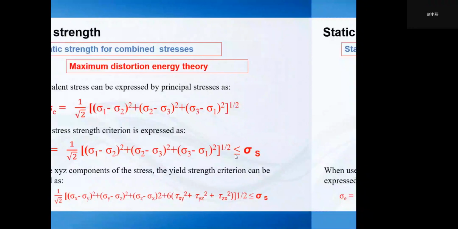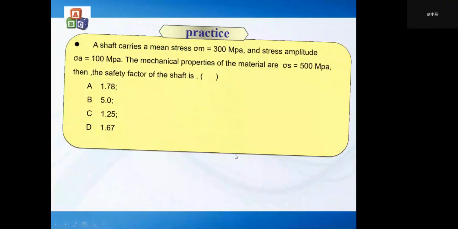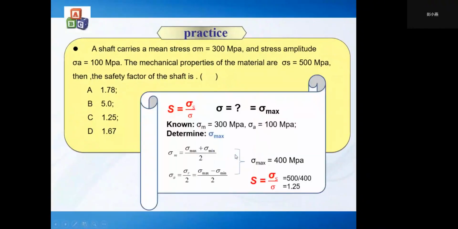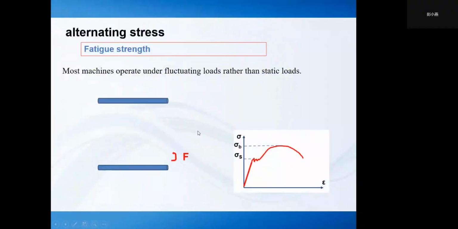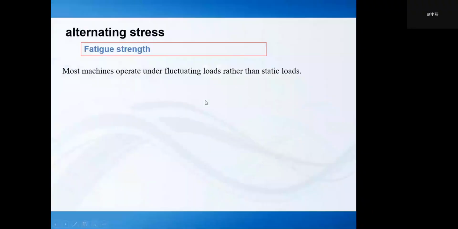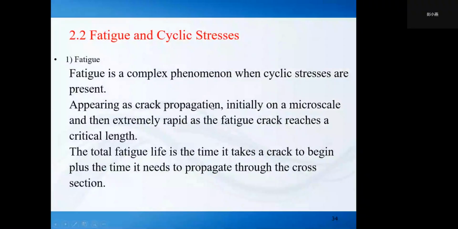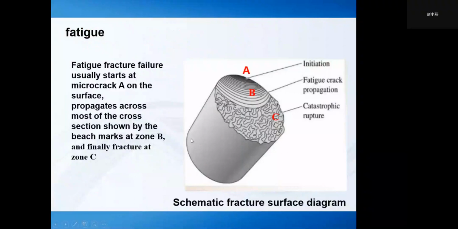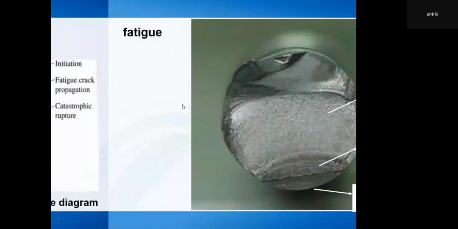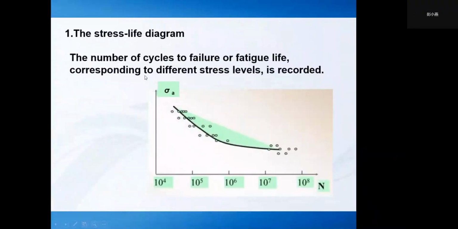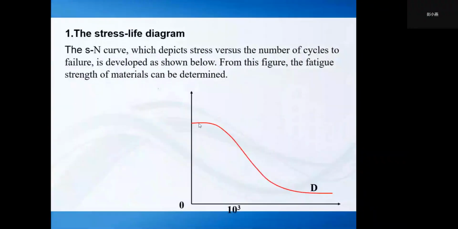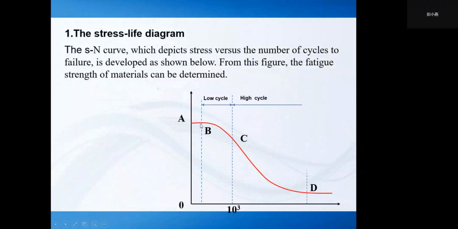And then we studied the safety factor under cyclic stress, and we learned the three parts of the vertical surface. Then we should master the stress life diagram.